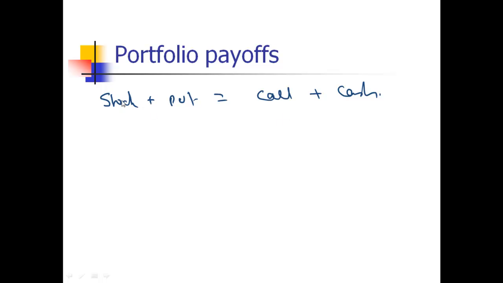Let's say that you buy a stock and you also buy a put option on that stock with an exercise price of 30. You buy a call option on that stock with a strike price of 30, and you keep cash 30. So this is portfolio 1 and this is portfolio 2. And I'm going to prove to you that these two portfolios are identical. Okay, now how will I prove this?